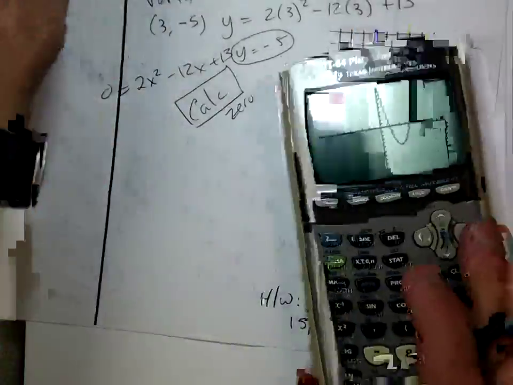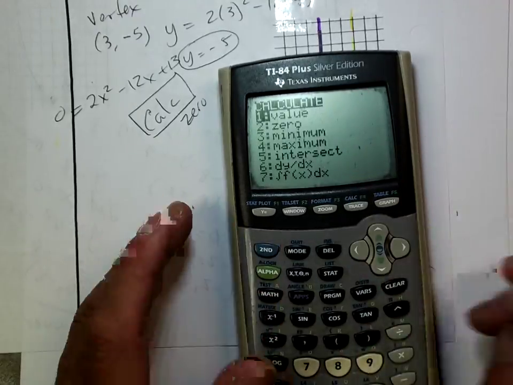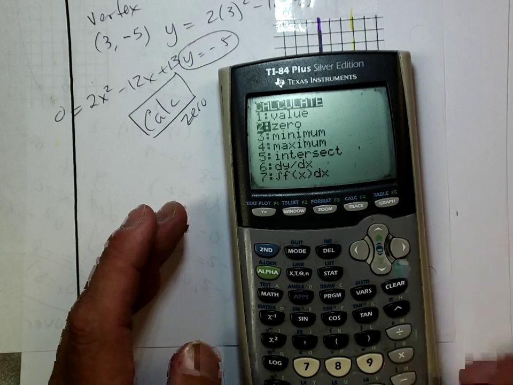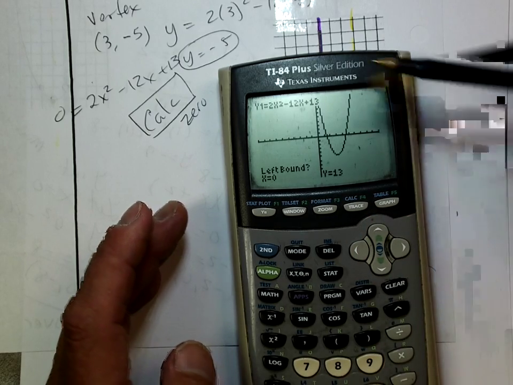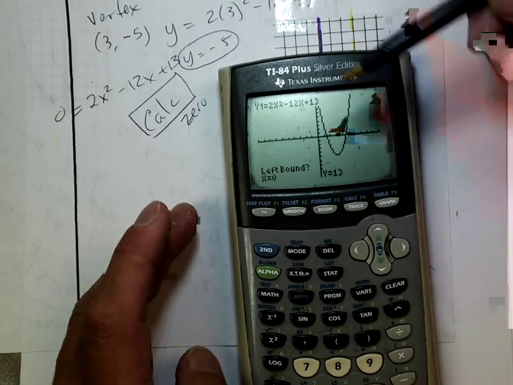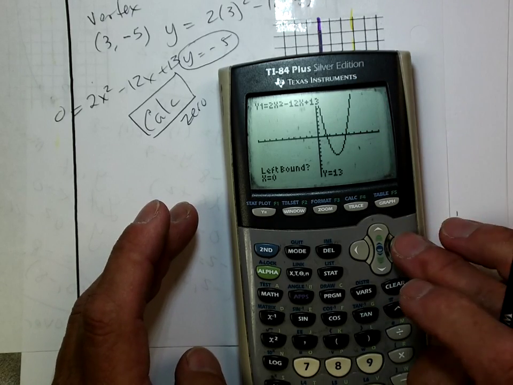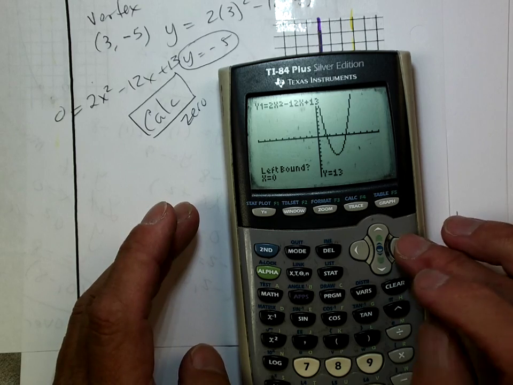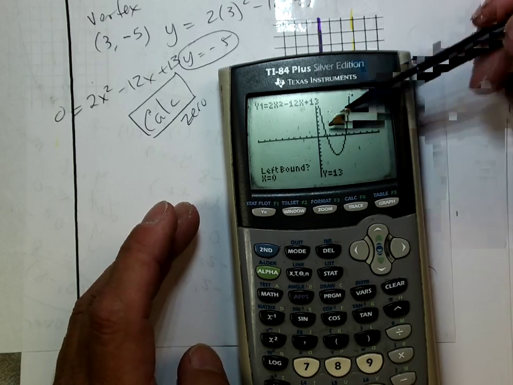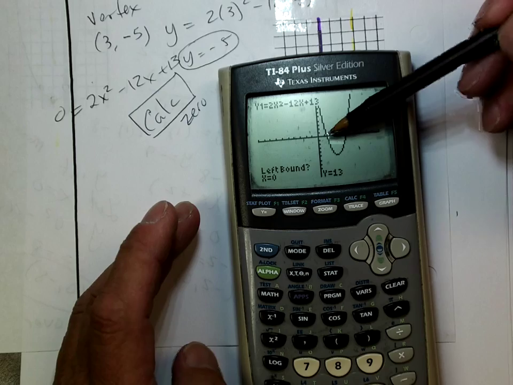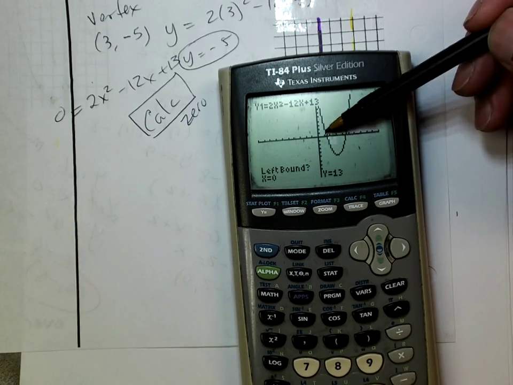So on my calculator, remember how we did this before? I'm going to go to second calculate, but this time I want zero. There's the zero. Enter. Now there's two of them. There's the zero right here, and there's a second zero here. So what I'm going to do is try to find the first one. It's left bound. To be the left bound, really, it's going to be above the curve. If I'm looking for this zero right here, left of it would actually be above it.